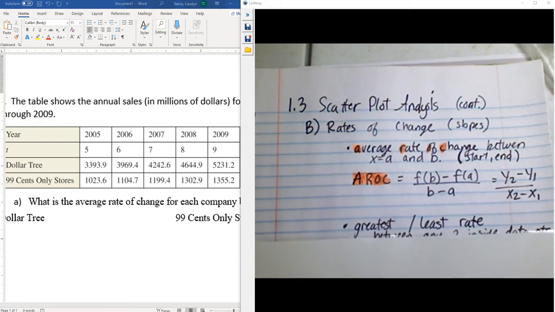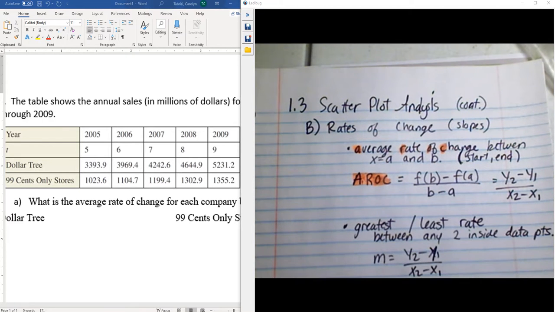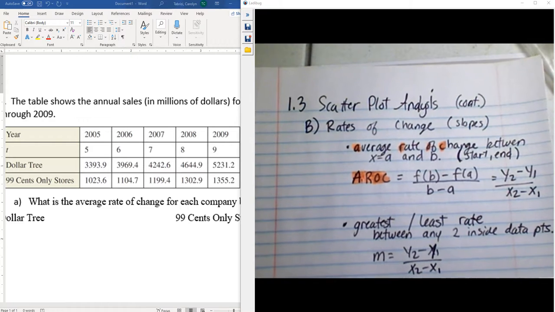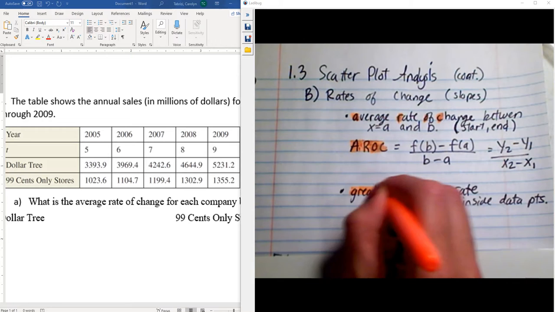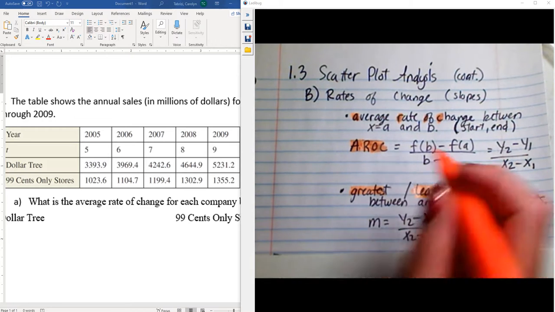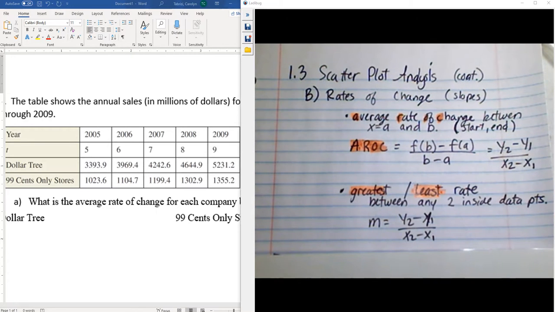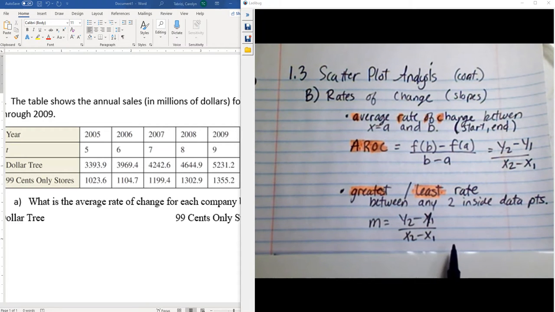I'm going to move to the next type of slope or rate of change, and that would be the greatest or the least rate of change. Okay. Usually this greatest would be the steepest part. Okay, now a rate of change is still slope between 2 points. These just happen to be two inside points, not necessarily the start and the end point.